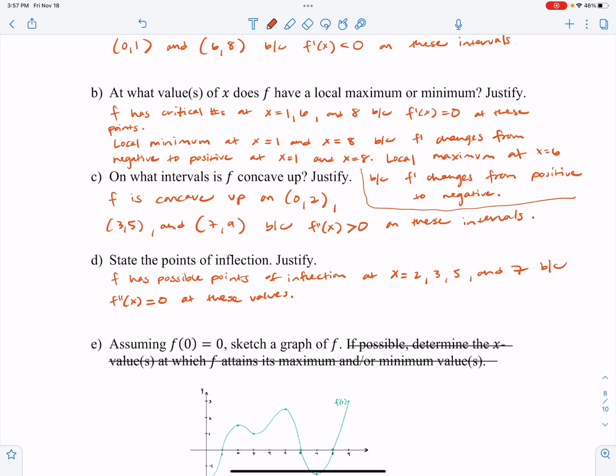Okay, and we don't have an equation in order to solve for those possible values where points of inflection could occur. So we have to justify it by reading the graph and making that statement.